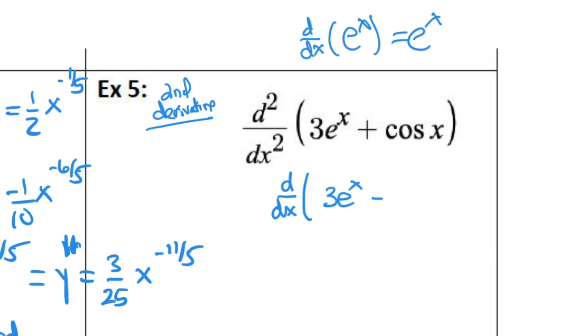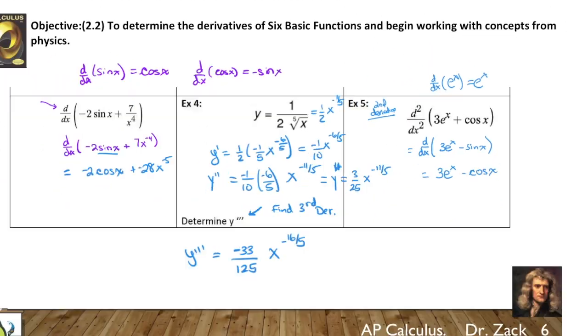The derivative of the cosine, negative sine of x. Now, you should have that in your mind at this point. We need the derivative again. So the derivative again is going to be equal to 3e to the x. The derivative of sine is cosine. So we have 3e to the x minus cosine x, and we are done with example 5.